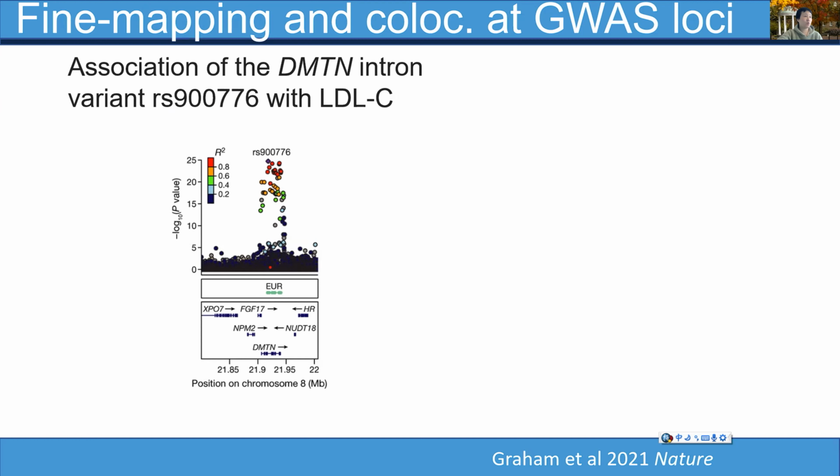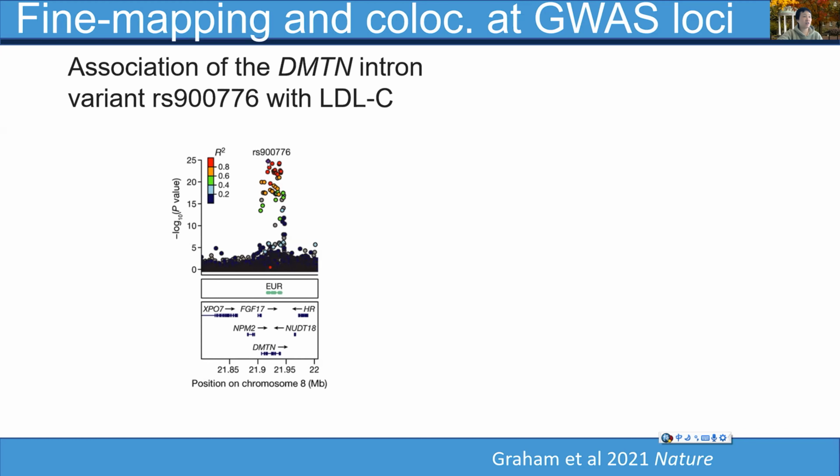Here's one example, the association around the DMTN gene for an intronic variant. The index variant, or the variant with the most significant p-value with LDL cholesterol, is this one shown here, the purple diamond.